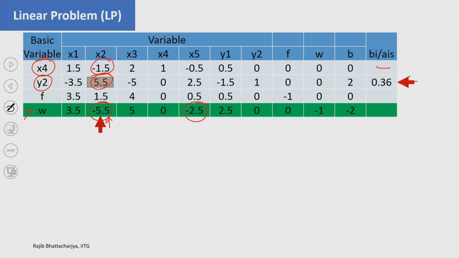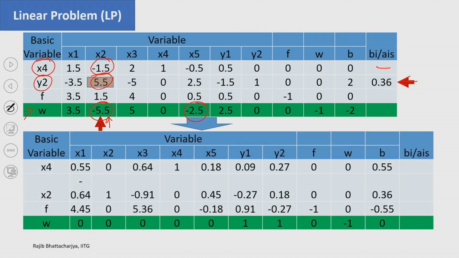So, we will apply the row operation now; we will make it 1, and for the others it will be 0. See, this is 1 and this is 0 and this is 0, and you just see now x 2 is here, and x 4 is already there.